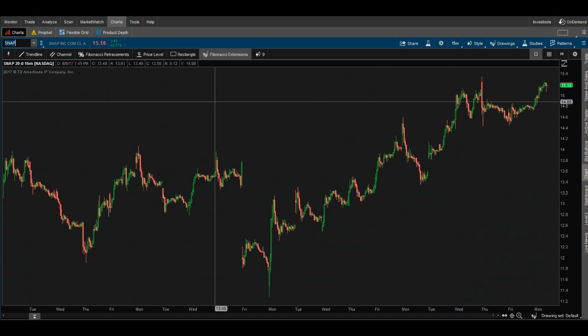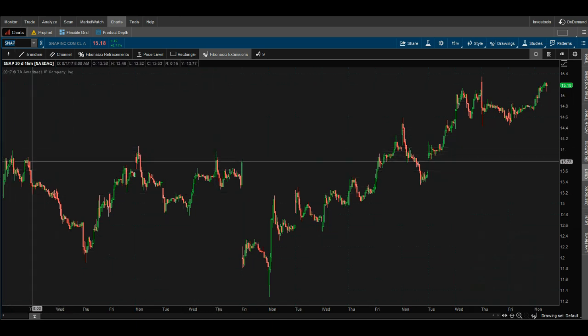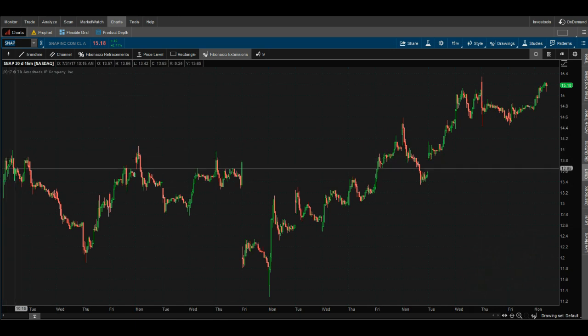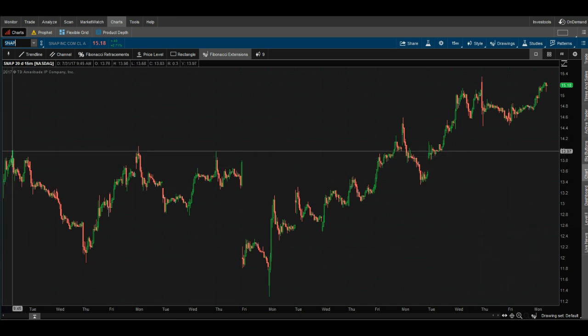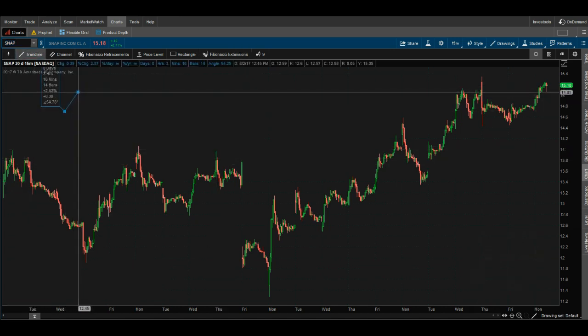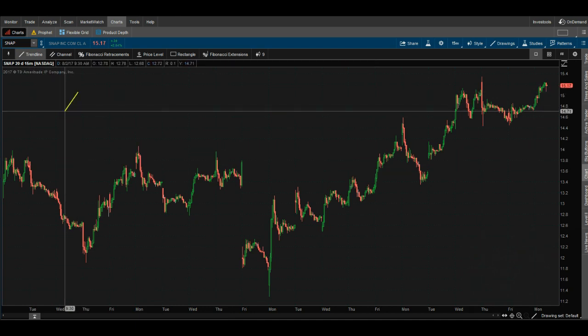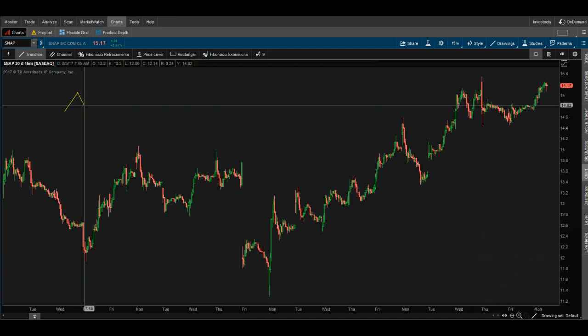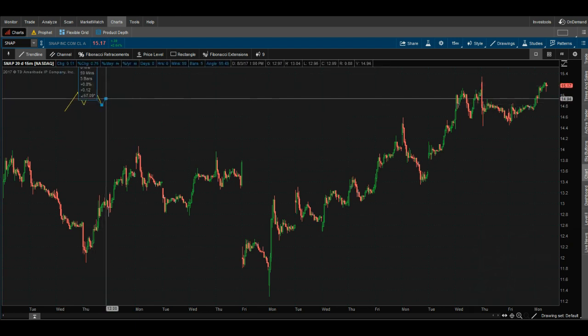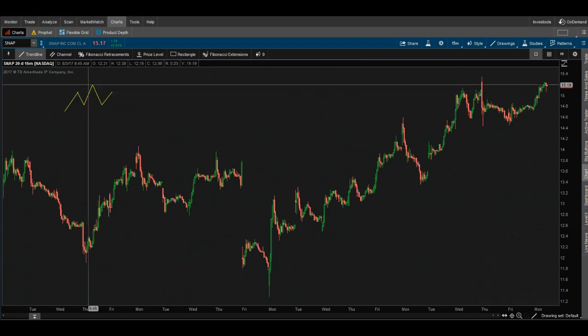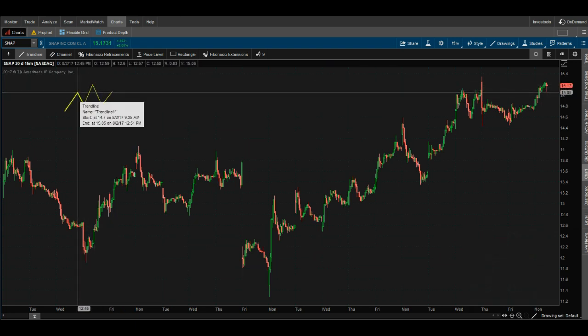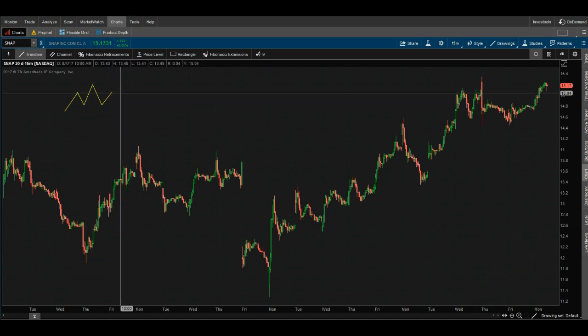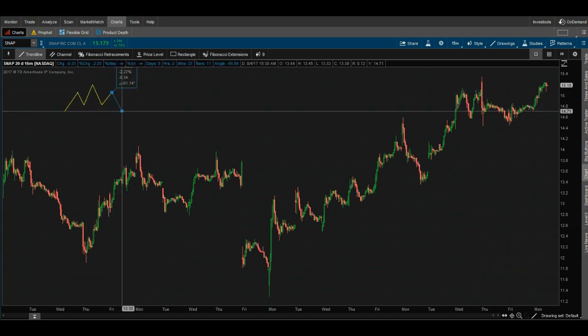Let's first start off from the left side of the chart. We actually have a head and shoulders here. Head, shoulder, shoulder, head, shoulder, right? Now, real quick, a quick description of what a head and shoulders is: price rallies, it pulls back, we make a new high, price pulls back to a support level, rallies again but doesn't break the high, usually going to the high of the left shoulder, and then reverses back down.